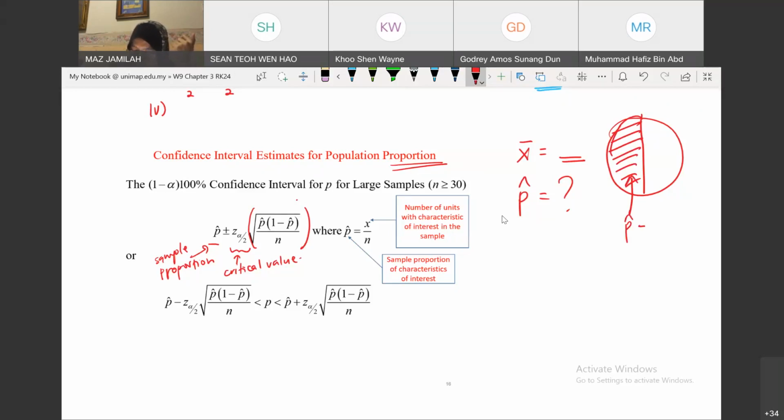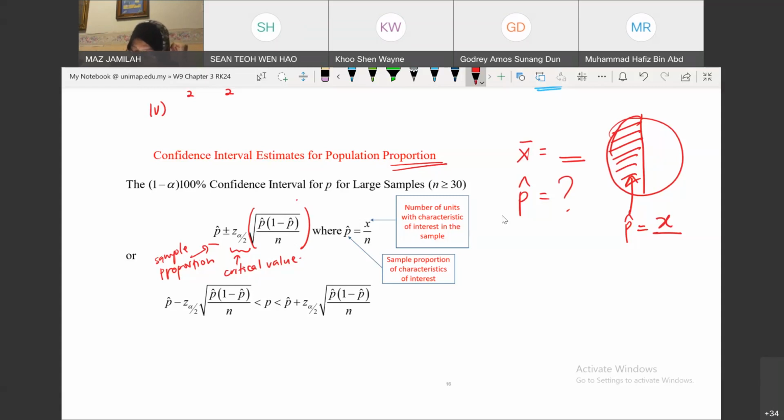And this comes from the x that you define. So what is x? The number of units with the characteristic of interest in the sample. What x is will usually be defined in your question, so look at what is defined by x in your question.